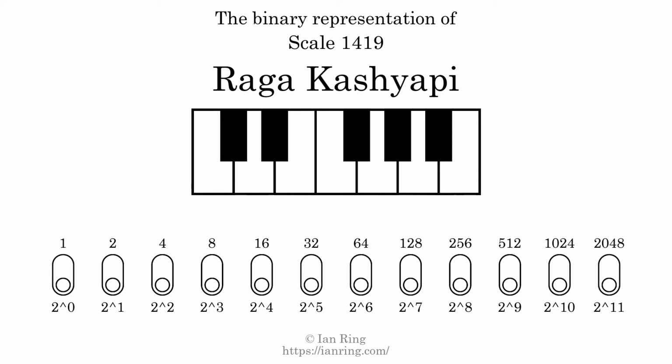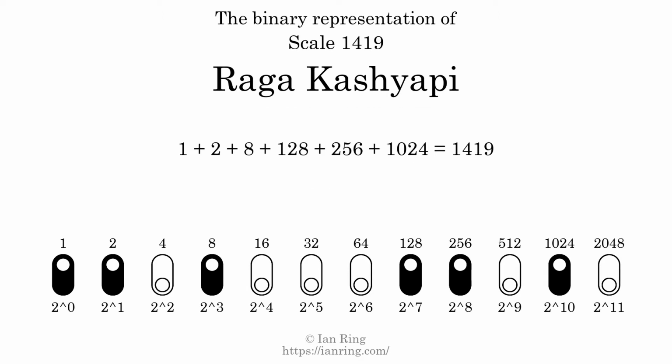The binary representation of this scale is determined by mapping tones of the scale to binary digits. Each binary digit represents a power of 2. To get the scale number, we add the powers of 2 together. The powers of 2 that are present in the scale, all added together, equals 1419.